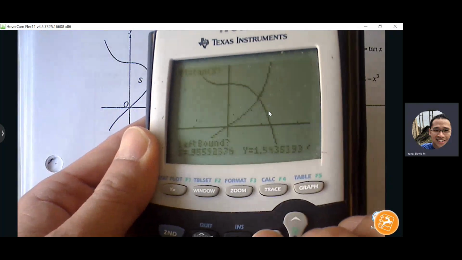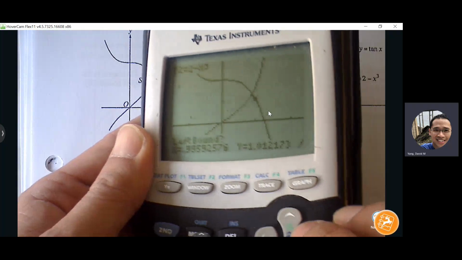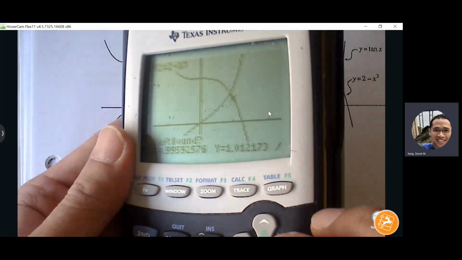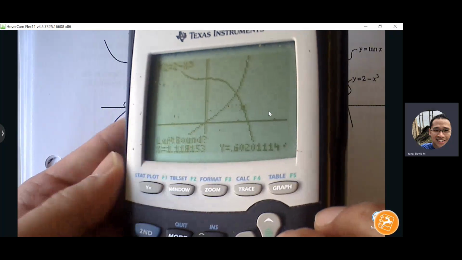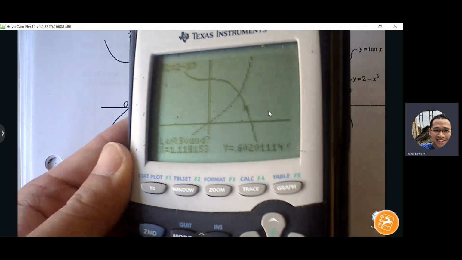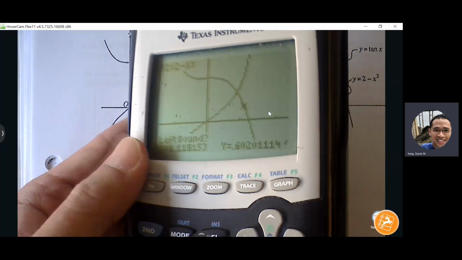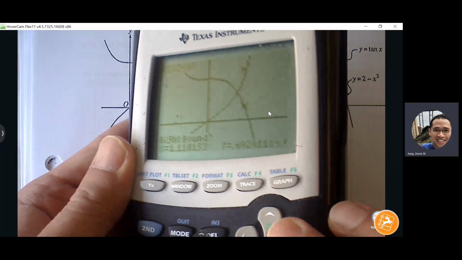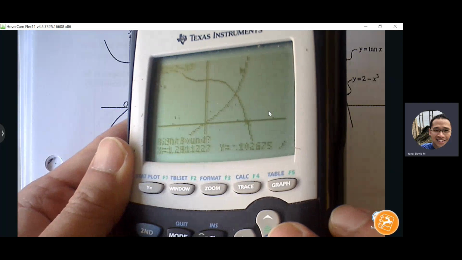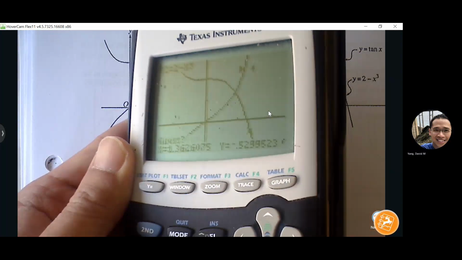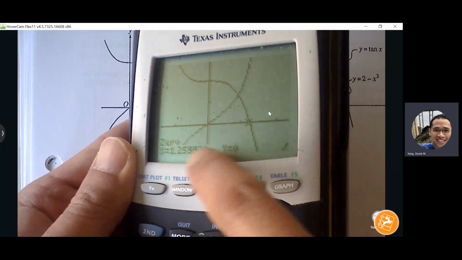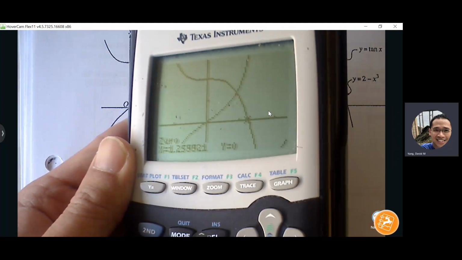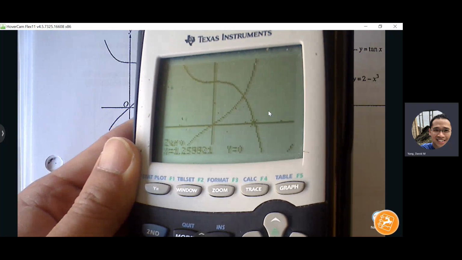And now we just want to stay on that curve that is that downward slope. And you're going to pick a point to the left of the x-intercept, hit enter. It says left bound, hit enter. And then you're going to scroll to a point on the other side of the x-intercept, hit enter again. Guess question mark, hit enter. And it's going to find that x-intercept for you. So that's going to be helpful information that we need, 1.259.